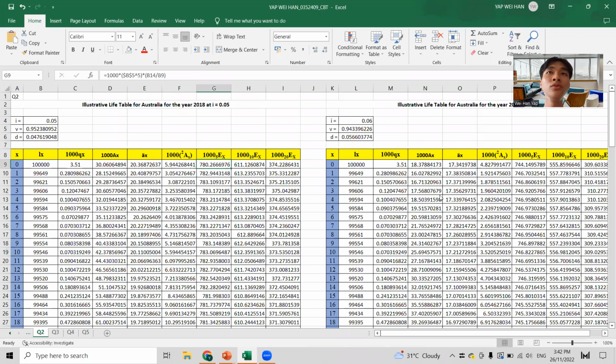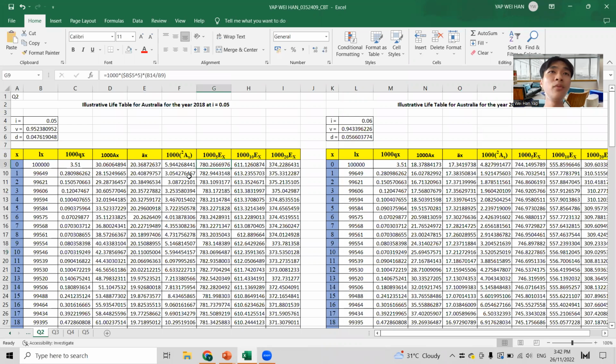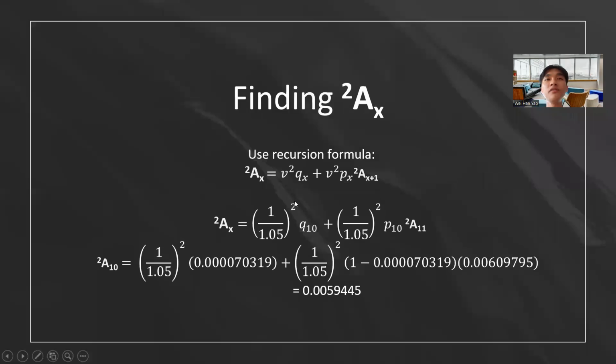We are moving on to A square x, the second moment of A. The same thing, we are using a recursion formula as well. What's the difference between Ax and Ax squared? It's basically just that we are changing our discount factor. We are doubling our discount factor. So it's v squared qx plus v squared px times Ax plus 1 squared. Just substitute our formula inside.